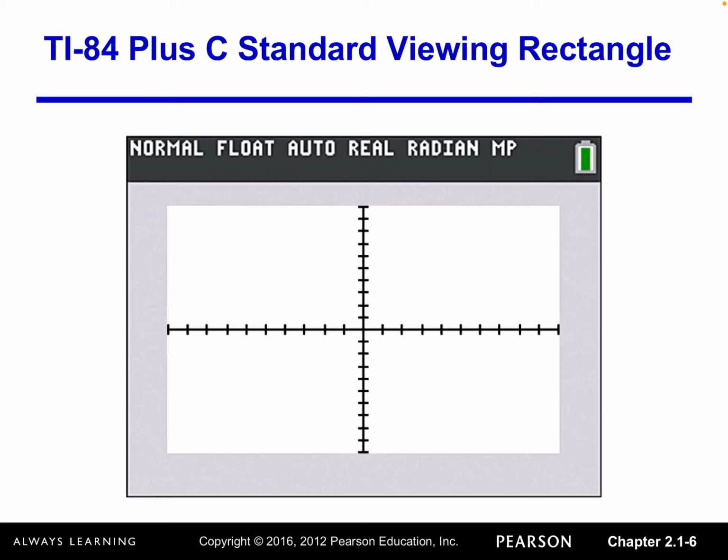If you use a graphing calculator in the standard view, you should be able to see the same thing: this is the x-axis, this is the y-axis, and the intersection is the origin (0, 0). In the graphing calculator view, it doesn't show any of the scales, but you know this is the standard view.